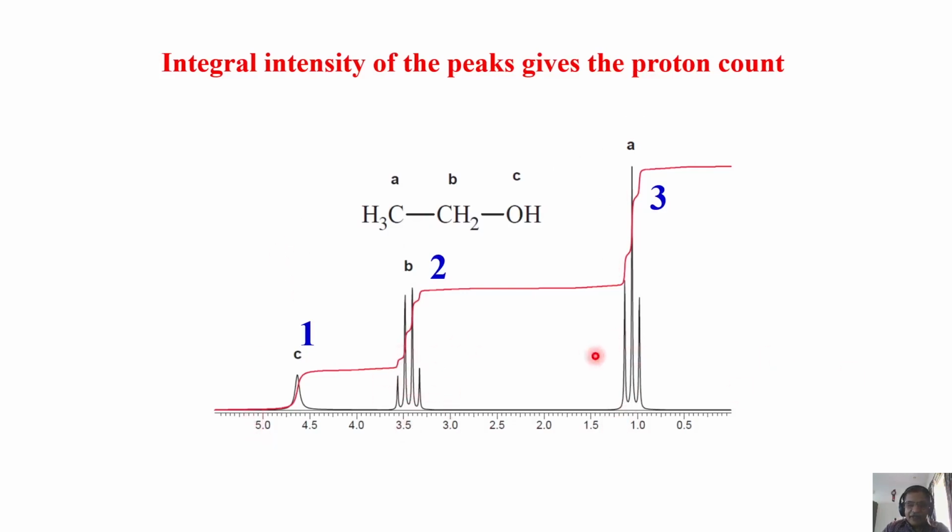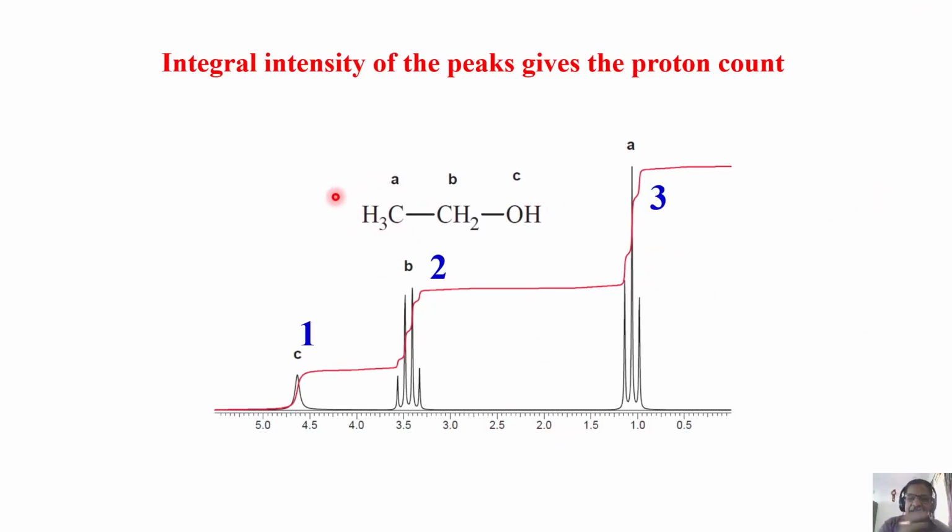Don't worry about the multiplicity. I will discuss that when I explain scalar couplings. At the moment, assume there is one proton here, one proton here, one proton here. Because these are three different types of protons, none of them are chemically equivalent to each other, and we get three different types of peaks.